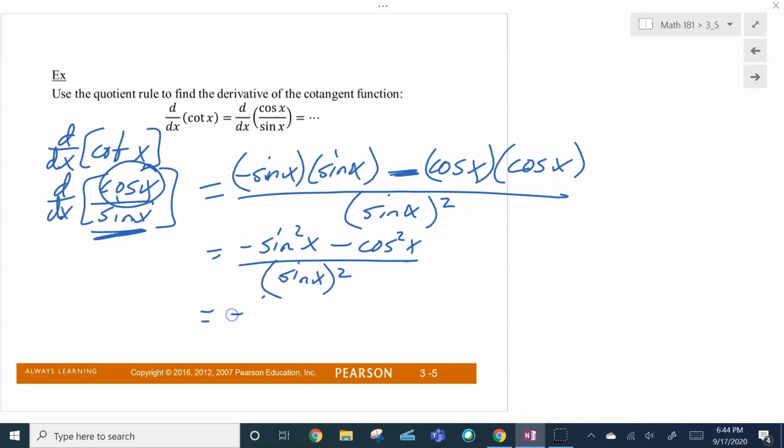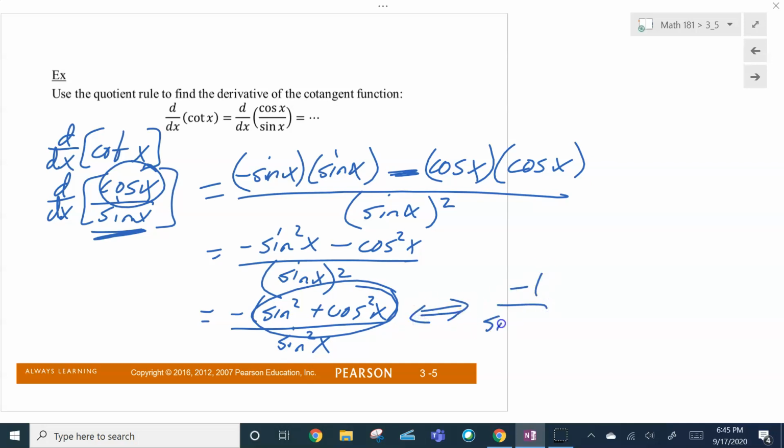I'm going to take a negative out of both of those because I'm seeing, oh, that's sine squared plus cosine squared. There's my money formula. That's 1. So this becomes negative 1 over sine squared x. In other words, negative 1 over sine times 1 over sine, right?